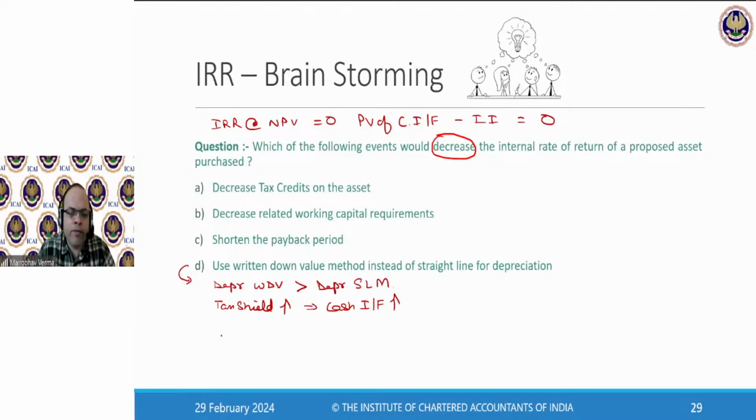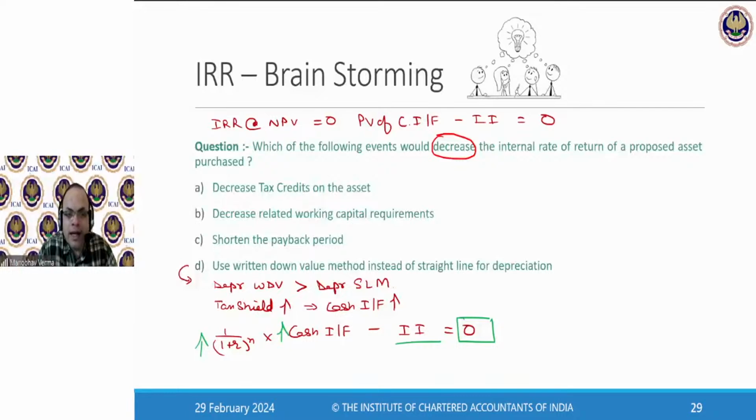Now in option D, my cash inflows are increasing, and they have to be discounted like this. That means for getting this as zero, other things being constant, with no change to the initial investment, and cash flows increasing, for the IRR NPV to be zero, the rate will go up, because NPV is zero at IRR.